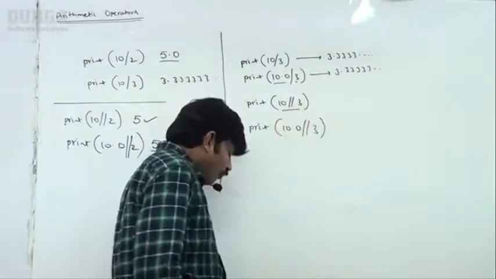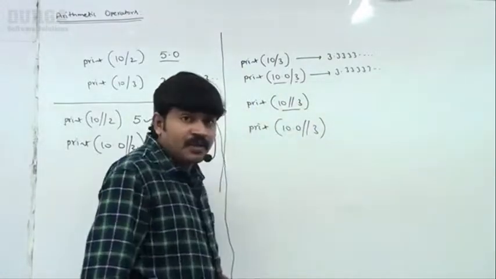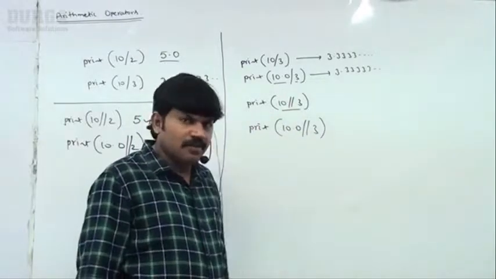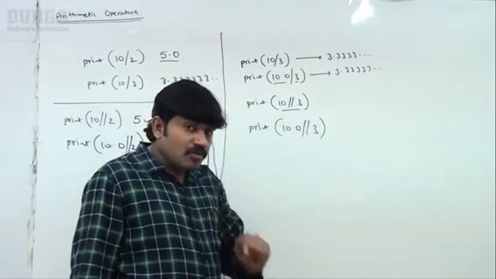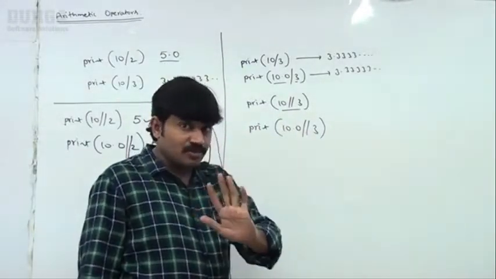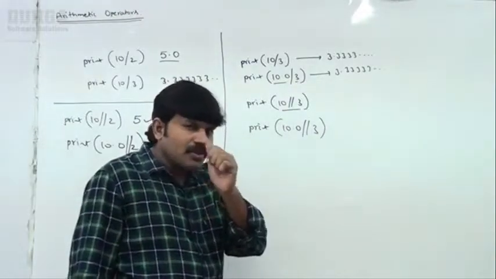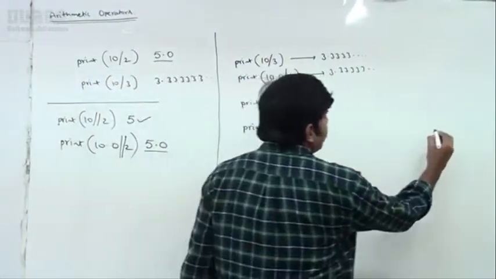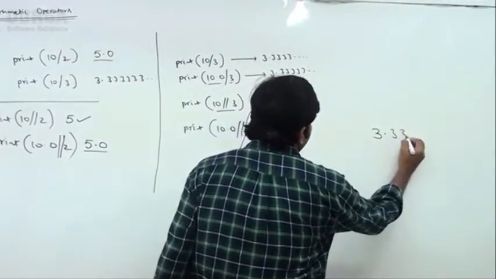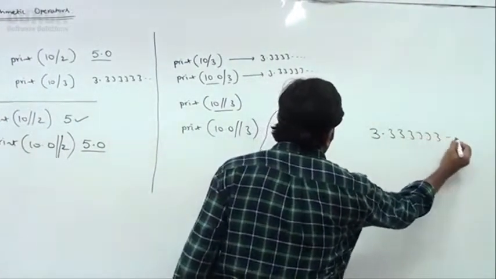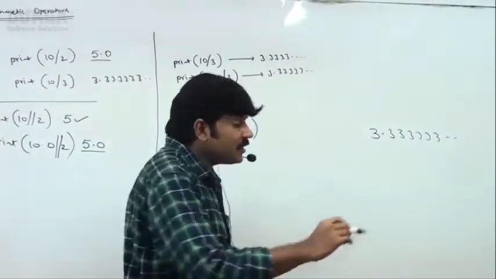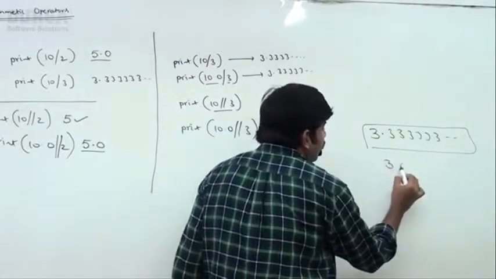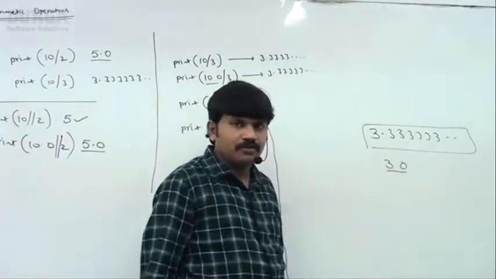Well, next, listen, dangerous point. 10 floor division 3. Both arguments are int type or not? Yes, both arguments are int type, so the result should be int. Now observe carefully. 10 by 3, actually what is the result? 3.3333, like this. For this, the floor value is 3.0.